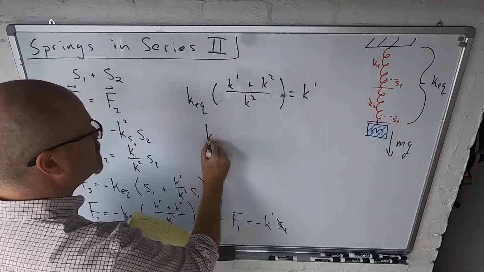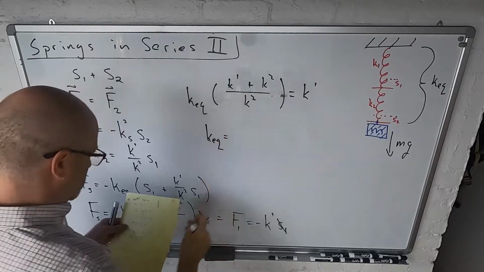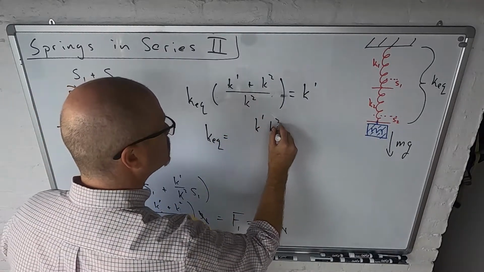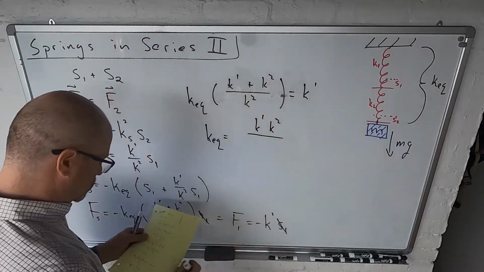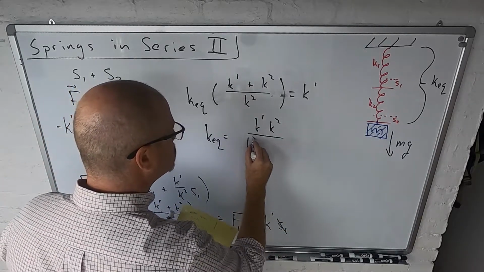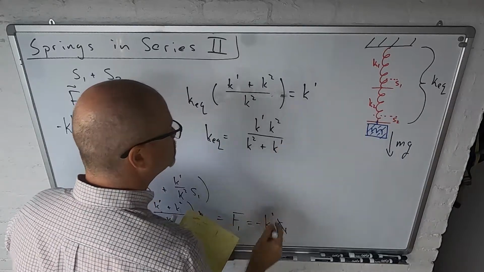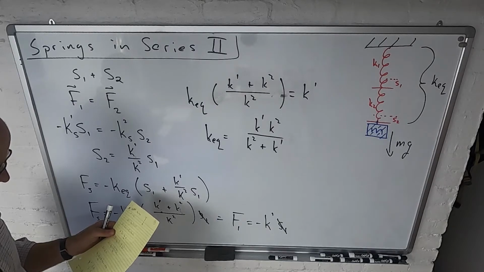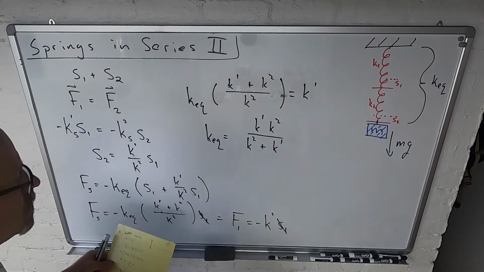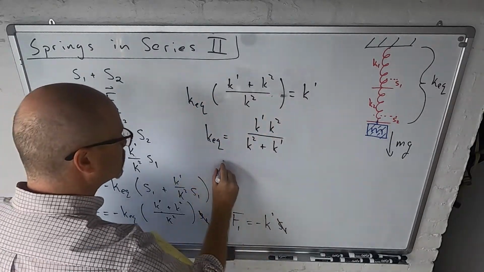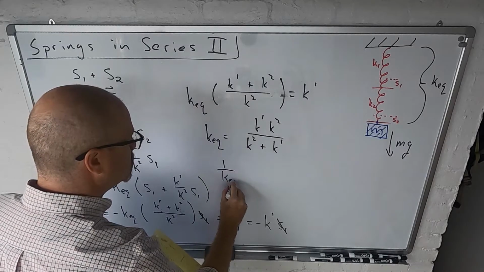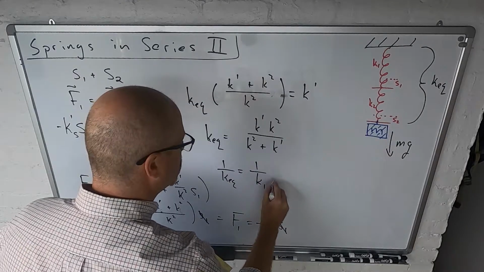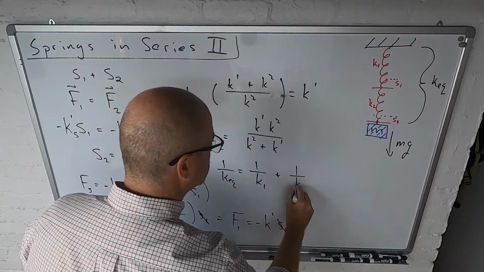And so K equivalent is now equal to K1 times K2 over K2 plus K1. And when I have that, if I flip this over, 1 over K equivalent is equal to 1 over K1 plus 1 over K2.